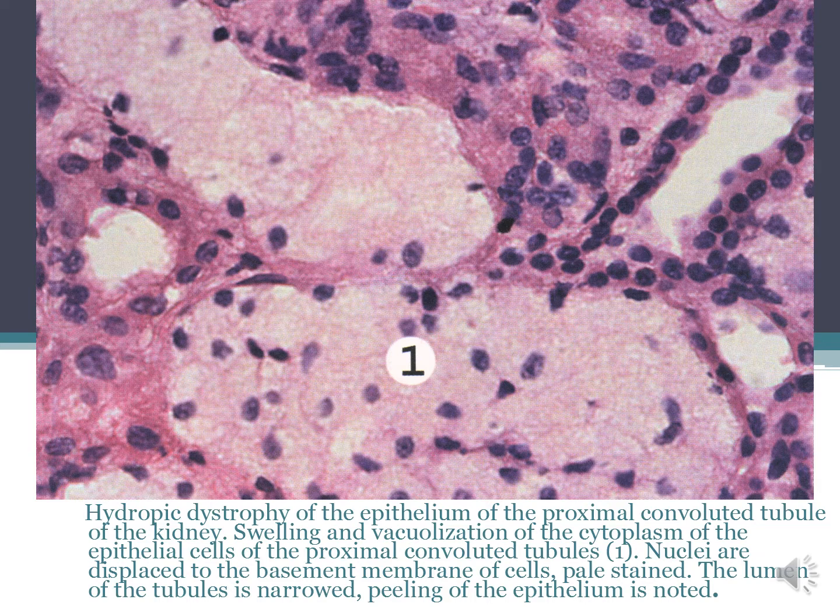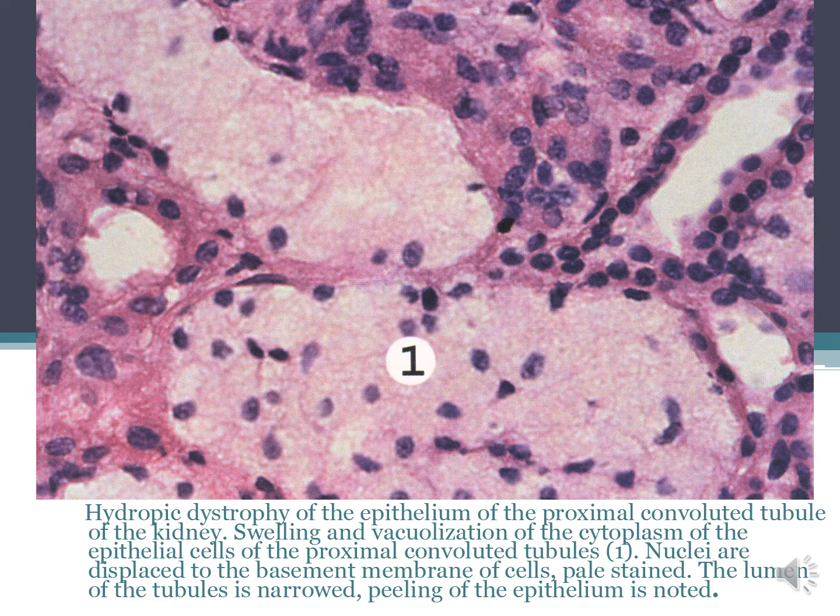Number 1 shows that. By the way, you can compare with the other epithelial cells on the right of this picture. You see that they are not so swollen as here in the center and on the top left.